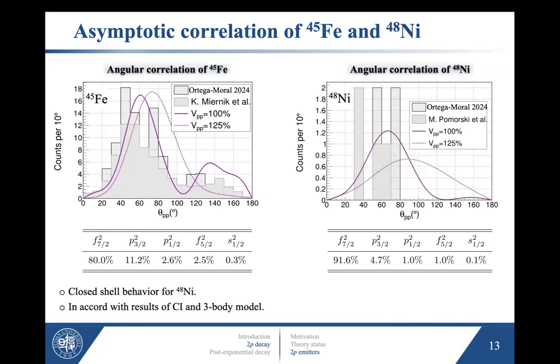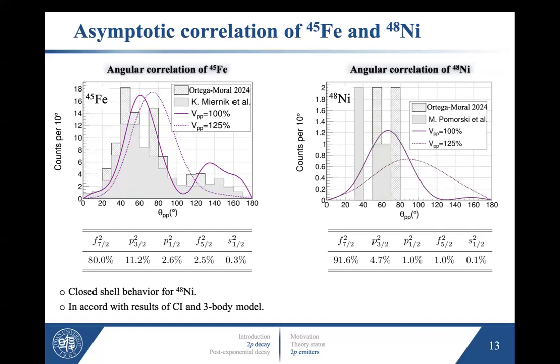So in our calculations, the angular correlation, I would say, fairly reproduces the experimental values. And we found that actually this correlation is sensitive to the pairing interactions. And if we enhance the pairing interaction by 25%, then we will get dramatically different angular correlations.